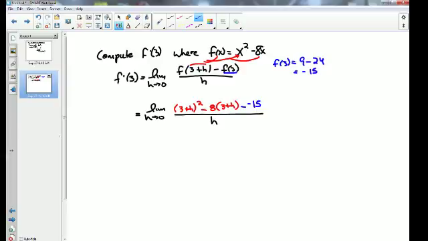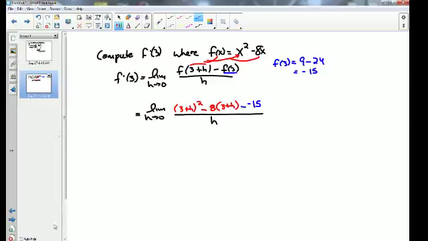Everywhere there's an x, I put 3 plus h. And then f of 3, everywhere there's an x, I put a 3. We get a number that time.